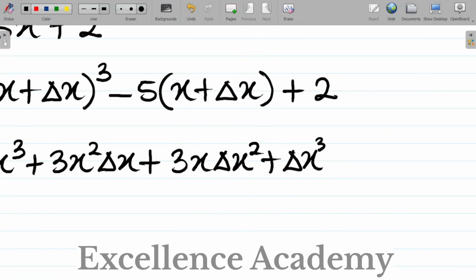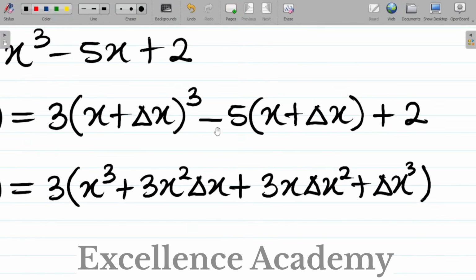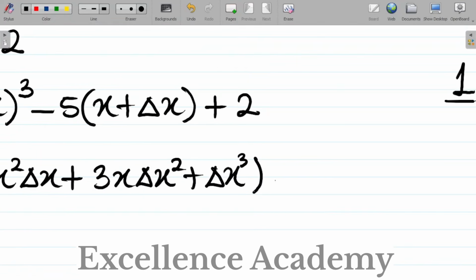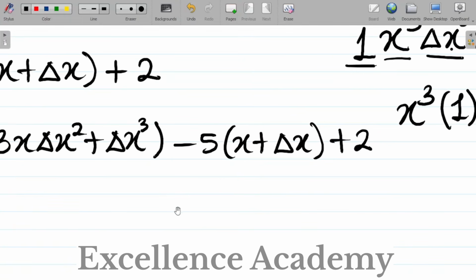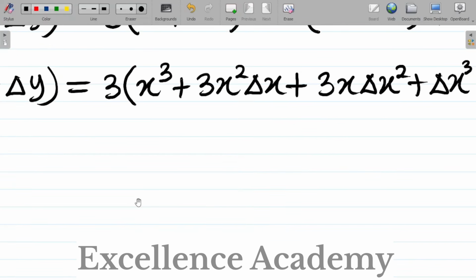All right, you have this. Okay, so next up you have minus 5 into x plus change in x, then you have plus 2. All right, so we have this. Let's simplify this, or let's expand brackets.